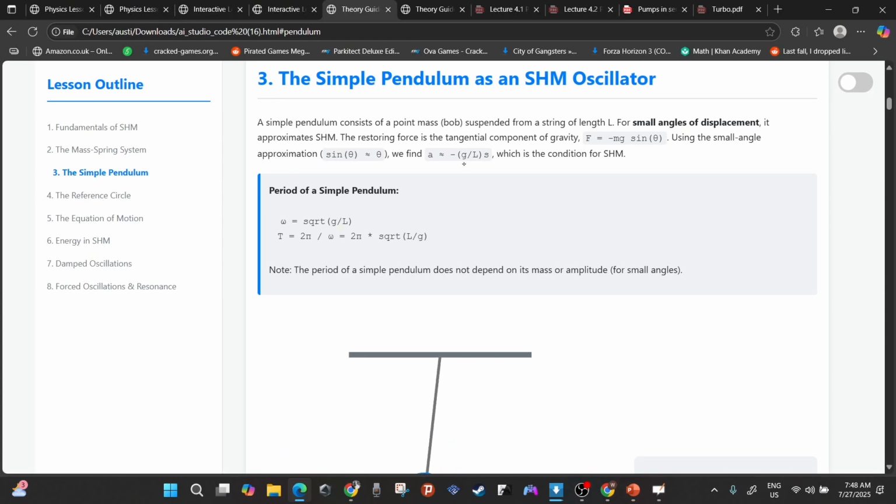So the restoring force is the tangential component of gravity, which is F equals negative mg sine theta, right? And using the small angle approximation, which is that sine theta is approximately theta, we find that the acceleration equals negative g over L times s, which is the condition for simple harmonic motion.